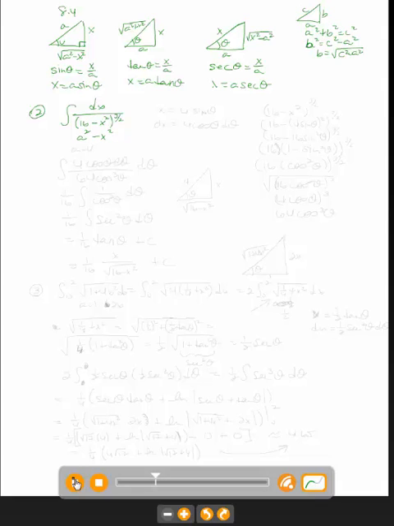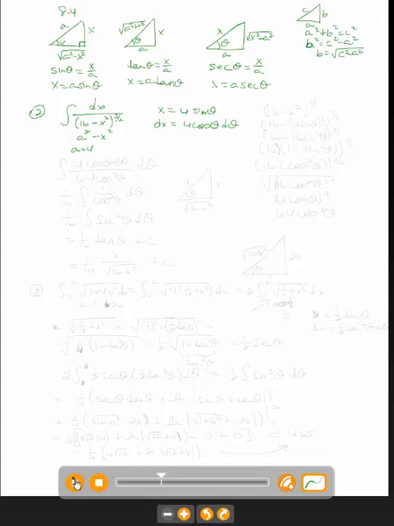So in this case, a would be 4 and x would be x. And so the substitution that we use when it's a squared minus x squared is the sine function. And so we say x is equal to 4 sine of theta, using that triangle. And so dx would be equal to 4 cosine of theta d theta.